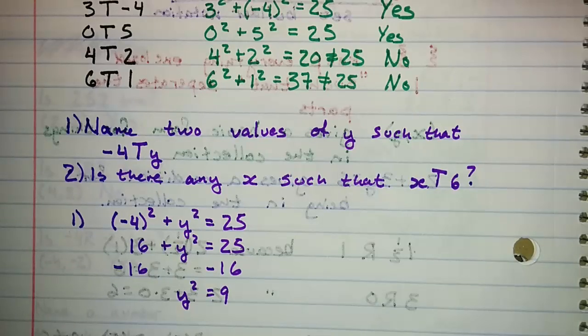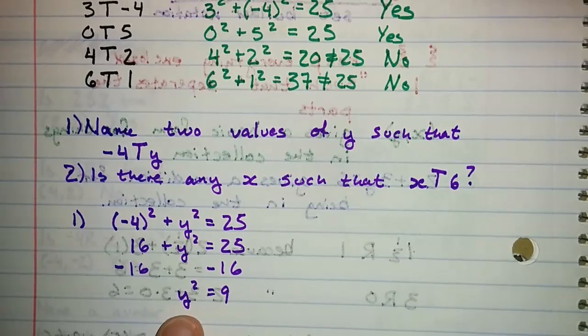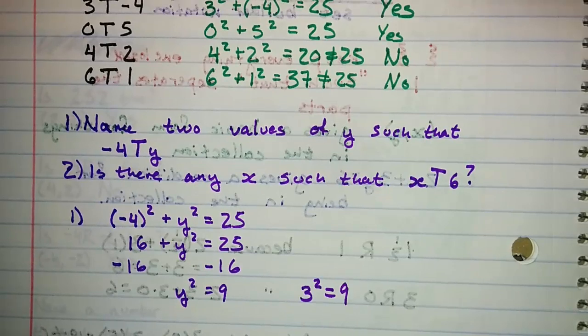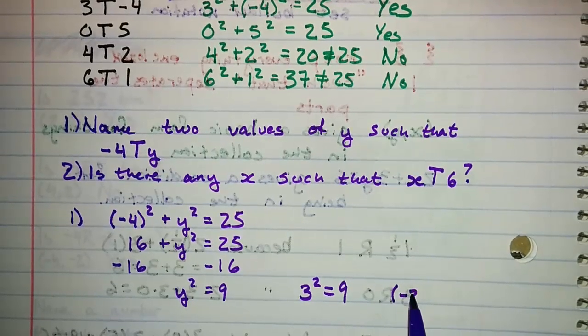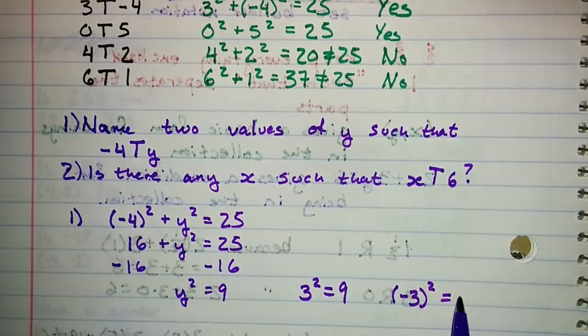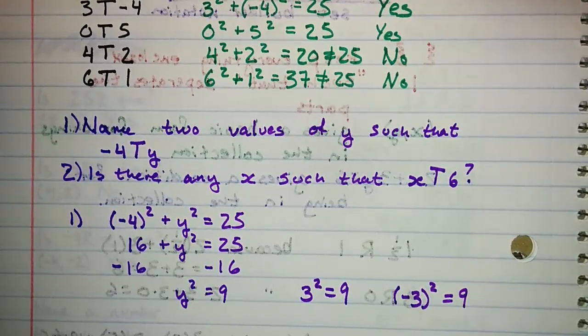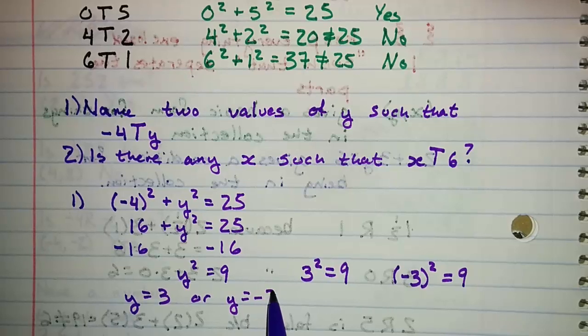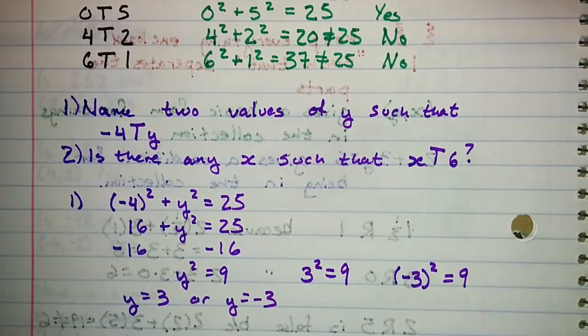But if we think for just a little while, we know one number that when we square it, we get 9. 3 squared is 9. Can you think of another number that when we square it, we get 9? Yeah, -3 squared also equals 9. So we could have y equals 3 or y equals -3, just by guessing.